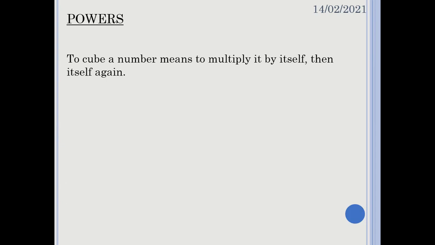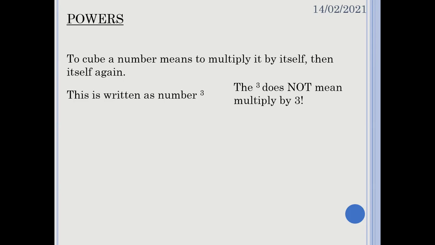You might also see a term called cubing. To cube a number means to multiply it by itself 3 times. So we write that as a small 3. And again, when you see that small 3, it doesn't mean multiply by 3. It means multiply by itself 3 times.